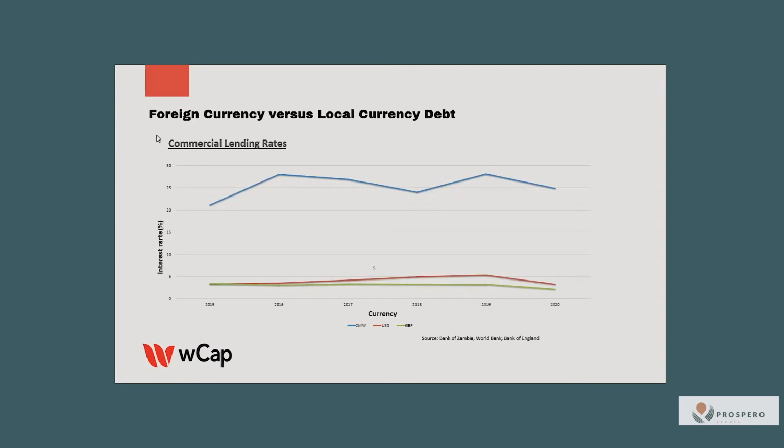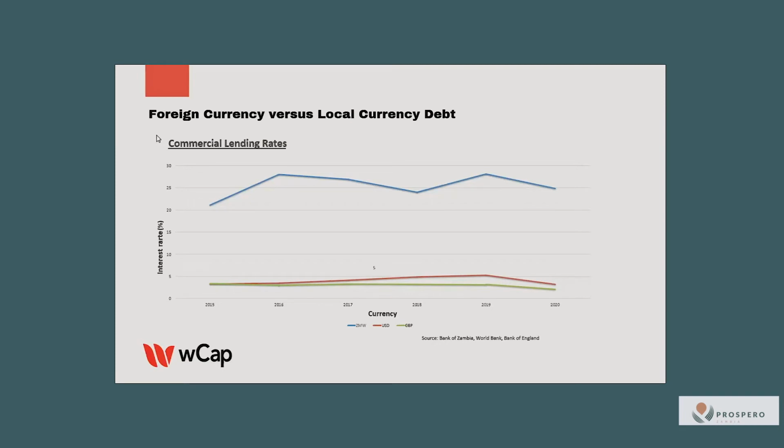This is a graph that compares commercial lending rates in Kwacha to those in foreign currency. The blue line represents Kwacha commercial lending rates at the end of December 2020. The rate was 25%, compared to the US dollar, the red line, which had commercial lending rates at 3.25%.